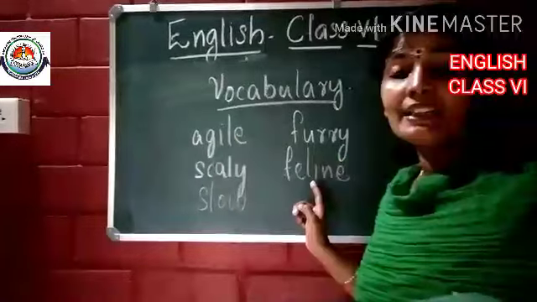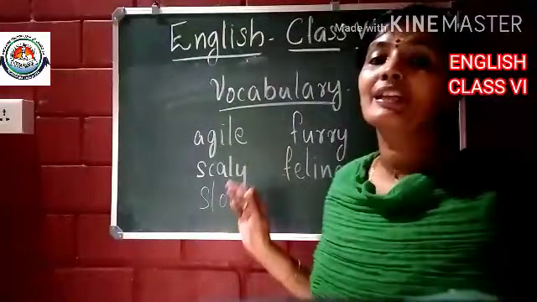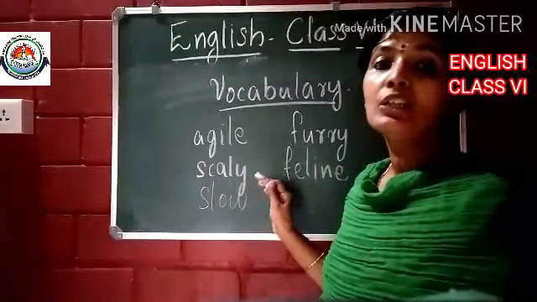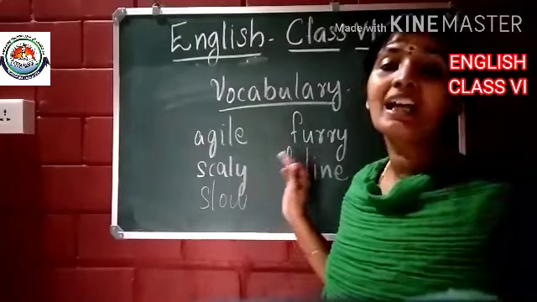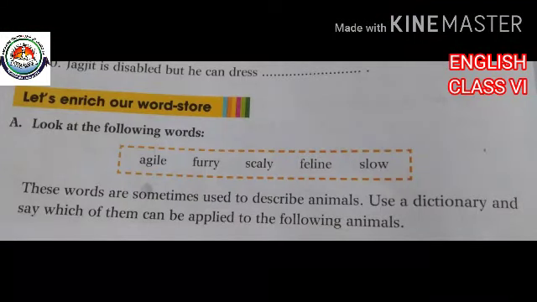Now let's have a look at the vocabulary part. 5 words related to vocabulary are given in your text. We'll see what the meaning of these words is and how they are used in sentences. There are 5 words given here: agile, furry, scaly, feline, slow. All these 5 words are sometimes used to describe animals.